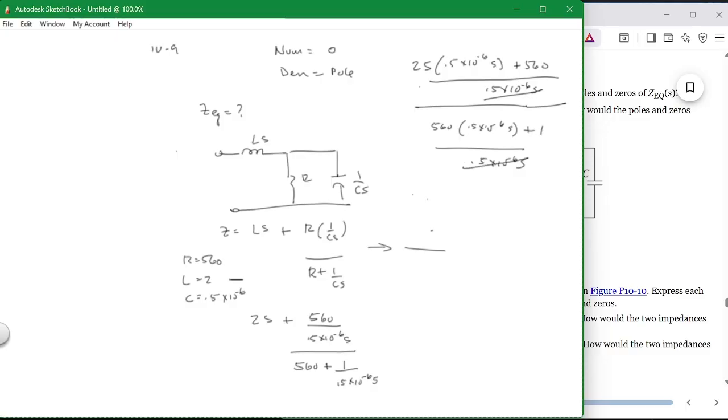And these go away. So now I have 2s squared times 0.5 times 10 to the minus 6th plus 560, all over 560 times 0.5 times 10 to the minus 6th s, which is 280 times 10 to the minus 6th s plus 1.